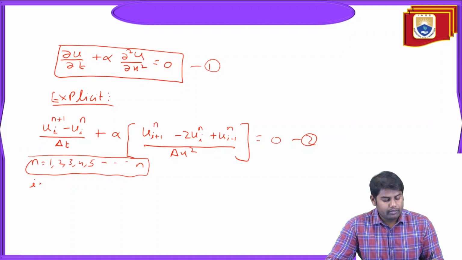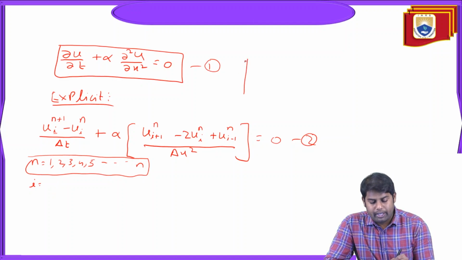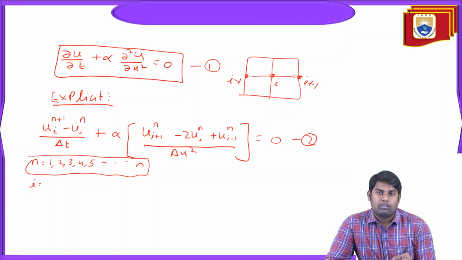The index i notation will vary with respect to grid points. If we recall again, let us take a simple mesh. Here let us take this point as i, this point would be i plus 1, and this point would be i minus 1.